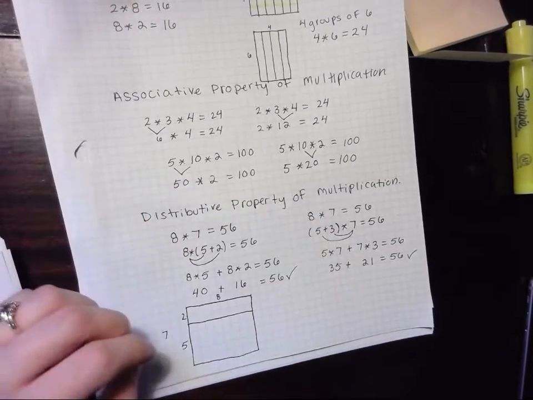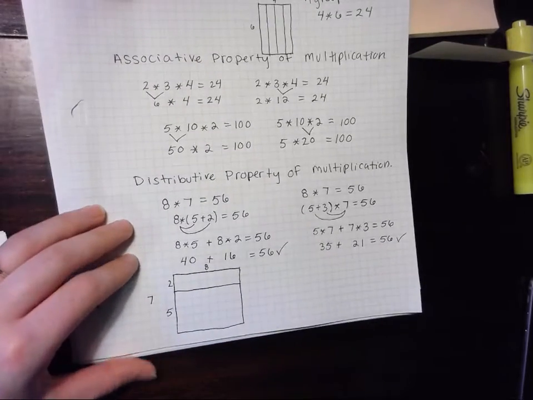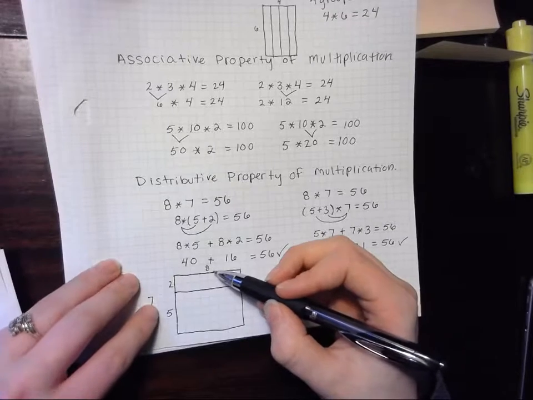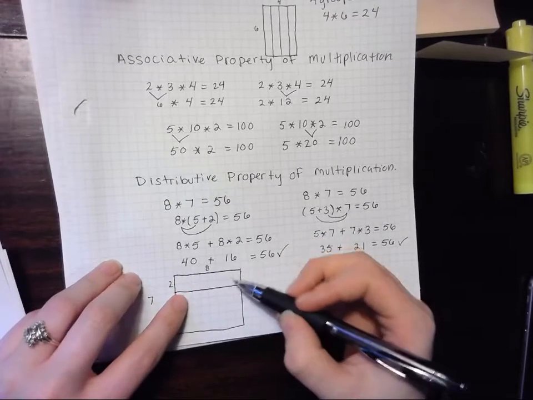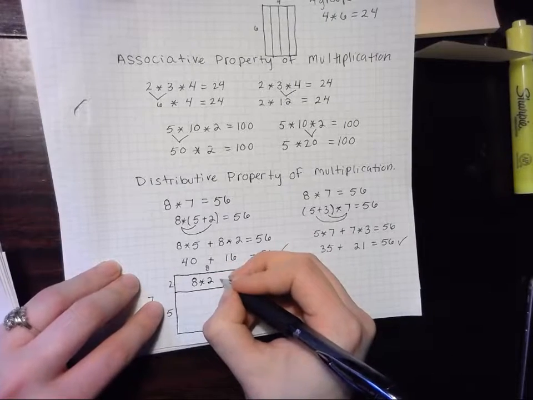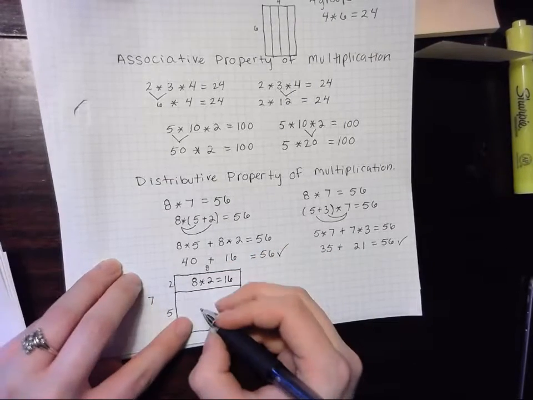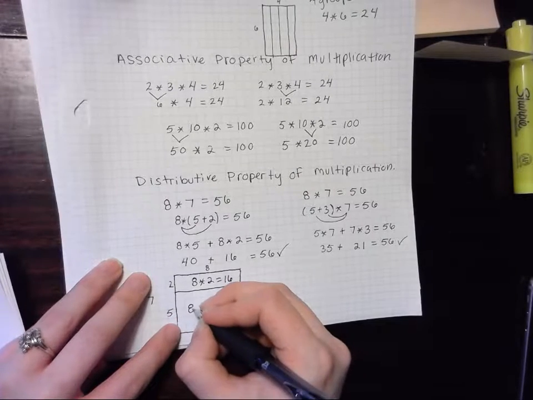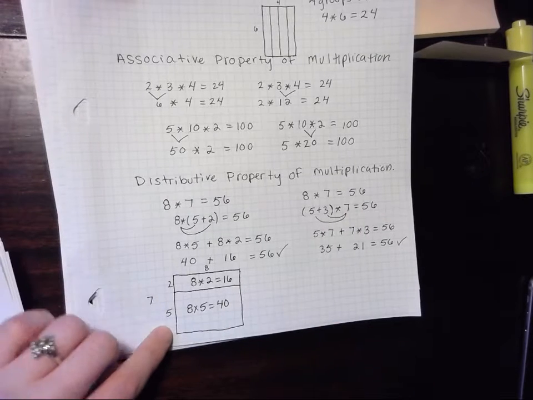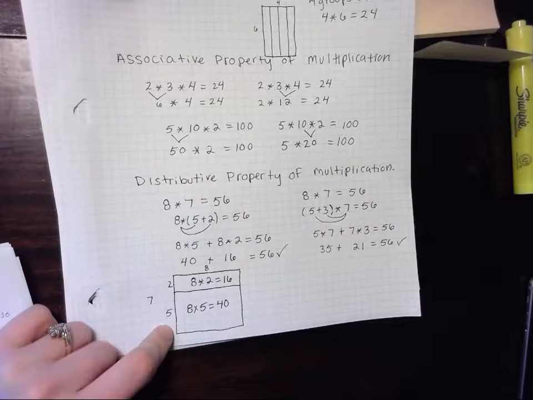So now, without changing the size of the box, we've broken up 8 times 7 into one box that represents 8 times 2, which equals 16, and one box that represents 8 times 5, which equals 40. So, even though we've broken up the 7, we still have the same amount.